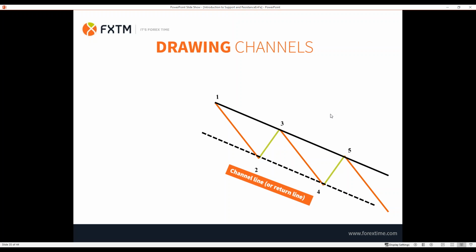Okay, we know that, and let's go on, but this time the upper line, the downtrend line, is called basic trend line, and the lower line is called channel line or return line.